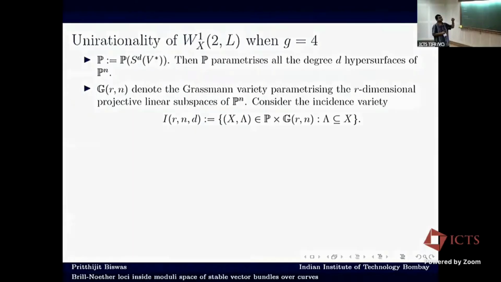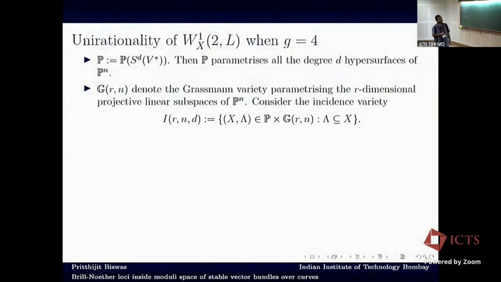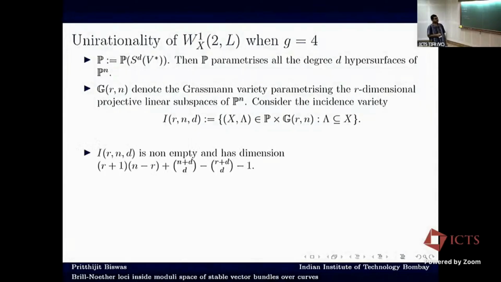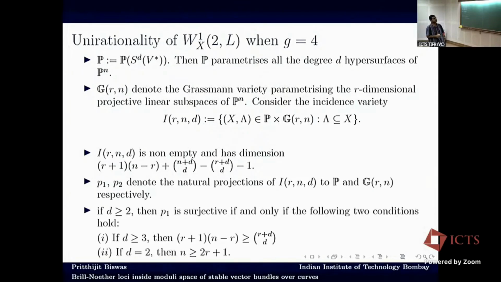This Grassmann variety parameterizes r-dimensional projective linear subspaces of Pn, and we consider the incidence variety. These are not important, but it is known that this is non-empty and has this dimension. And you look at these projections from I(r,n,d) to P and G(r,n).